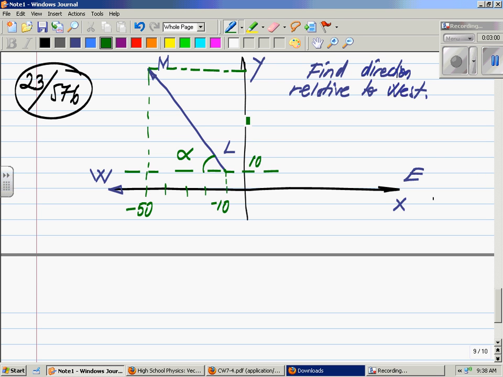So again, it seems that M's y component will be 40 units, right? Because right there will be 50. Okay, and also we figured out that the horizontal component of your vector is also 40 units.